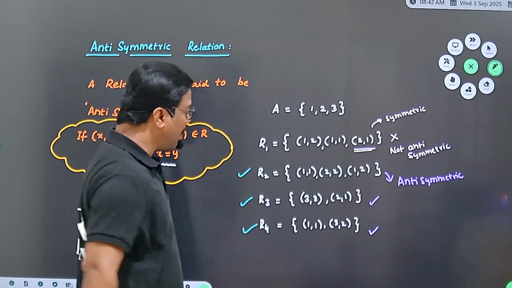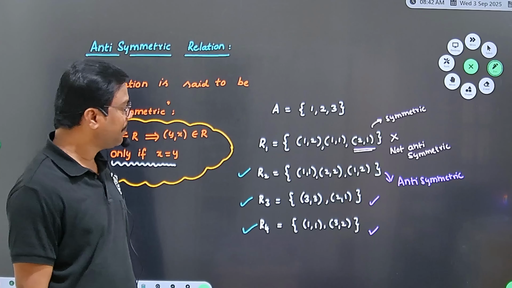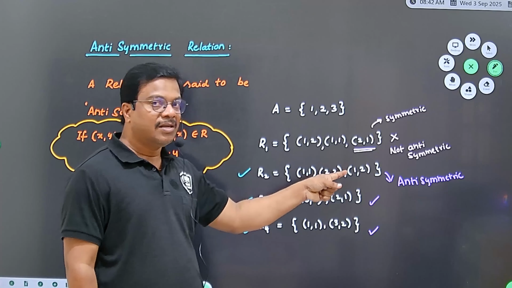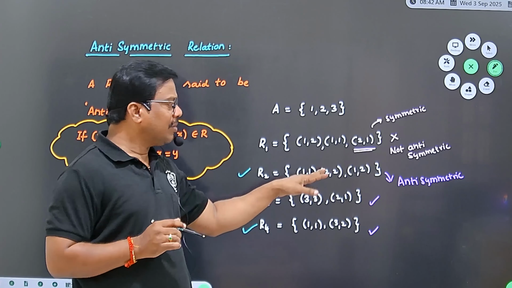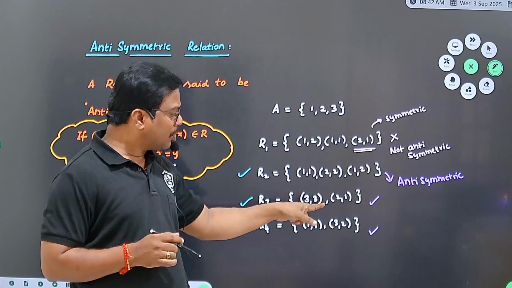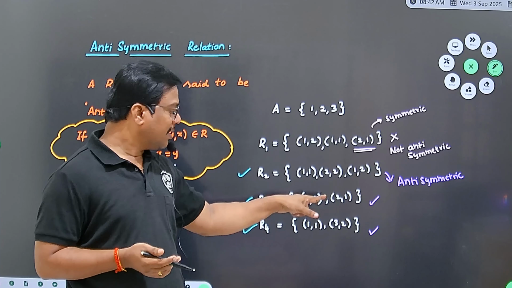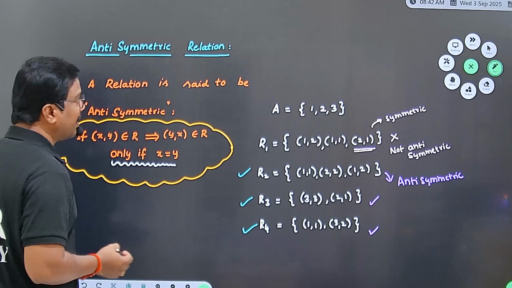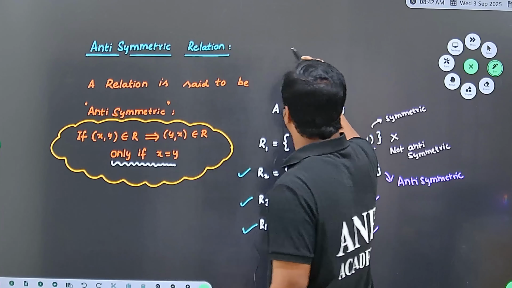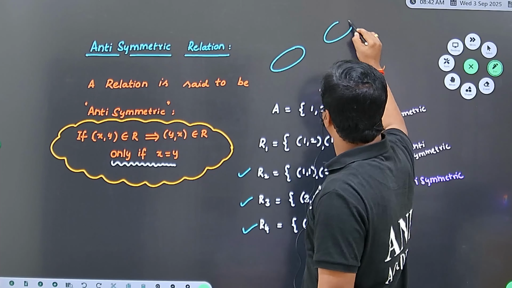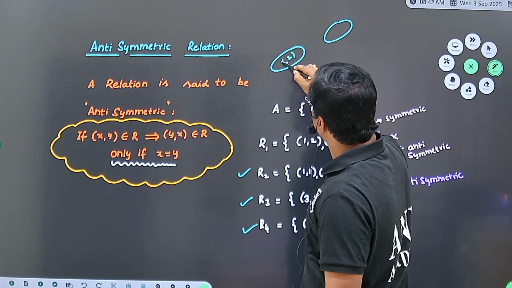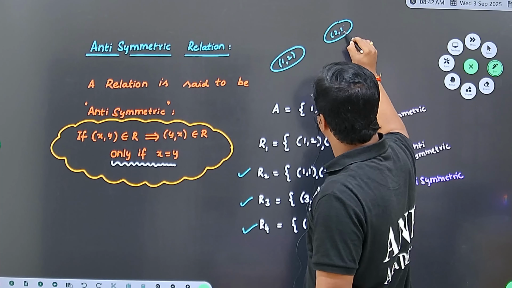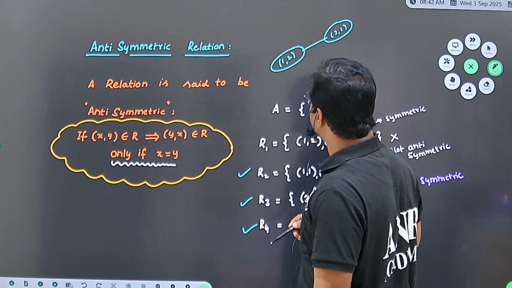R2, R3, R4 are antisymmetric. Here just (1,2) may be present, or (2,1) may be present, but both cannot be present. If you select the symmetric pair (1,2) and (2,1), consider this one.